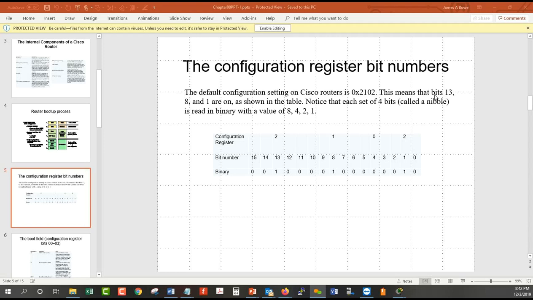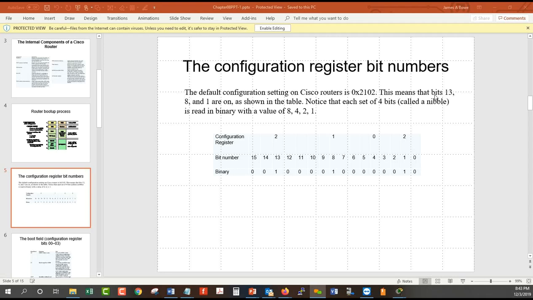Well, one of the things that we want to do, if we want to bypass the processing of the startup config, is set this value from 2102 to 2142.